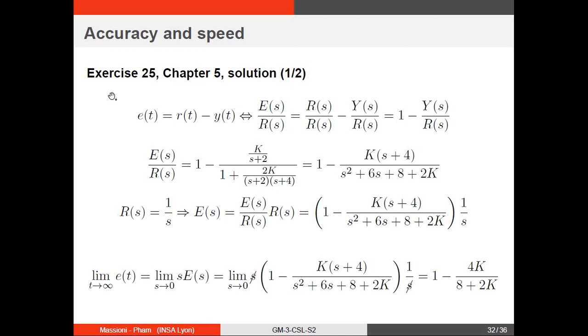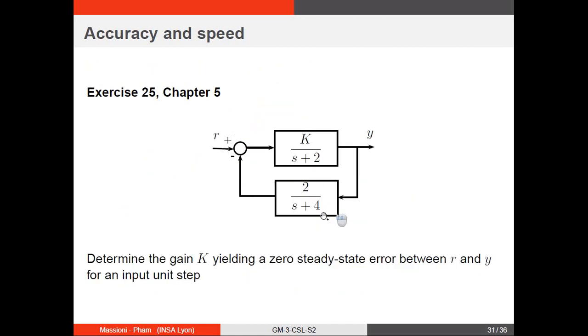What we need to do is compute E as a function of R. E is R minus Y, which I repeat is not shown here.